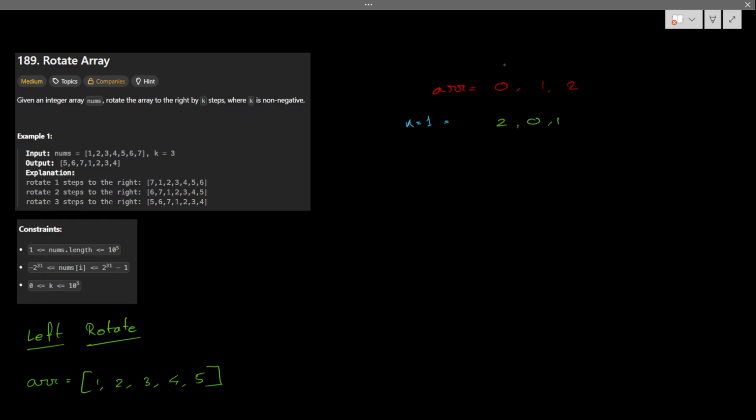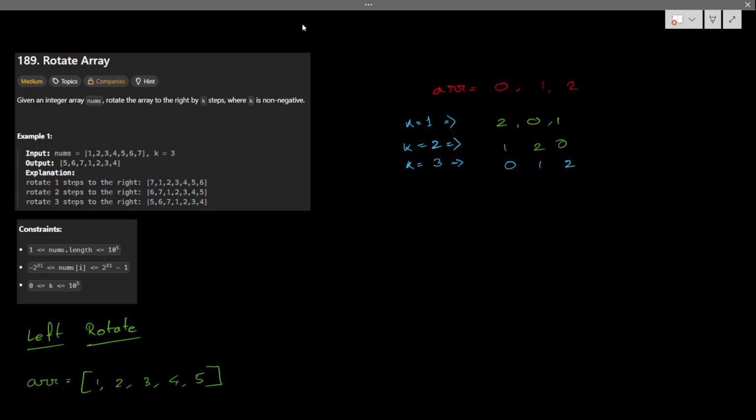If I do k equals 2, it becomes 1, 2, 0. Then if I do k equals 3, it becomes again 0, 1, 2.